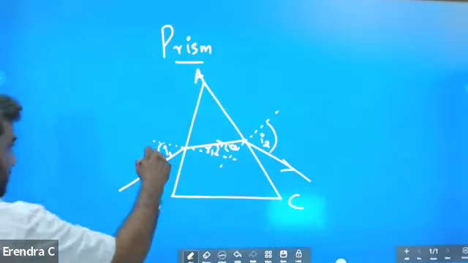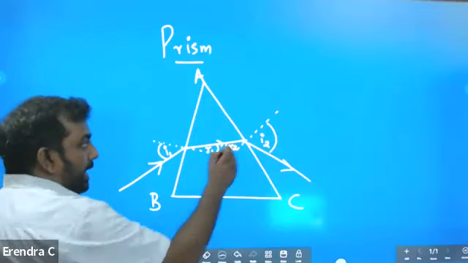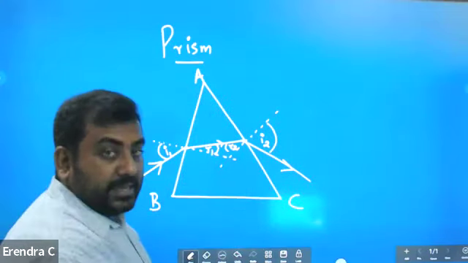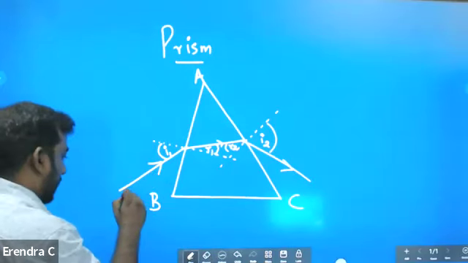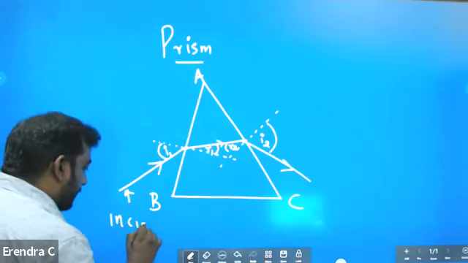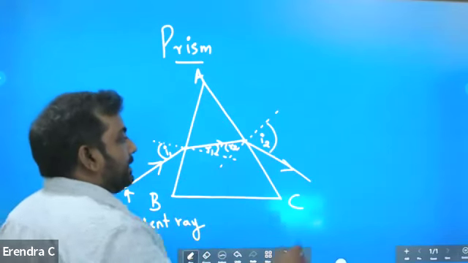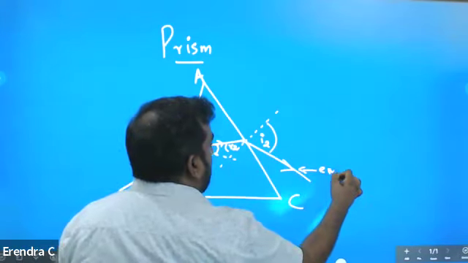So we have the angle of incidence, the angle of refraction from AB, the angle of incidence to AC, and the angle of emergence. This is your incident ray, and this is your emergent ray.